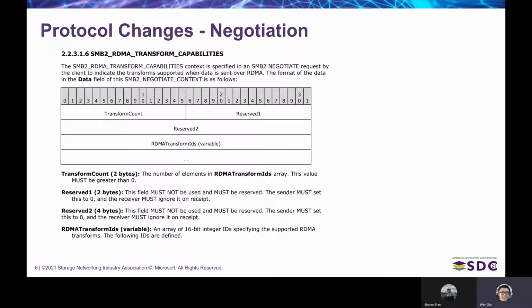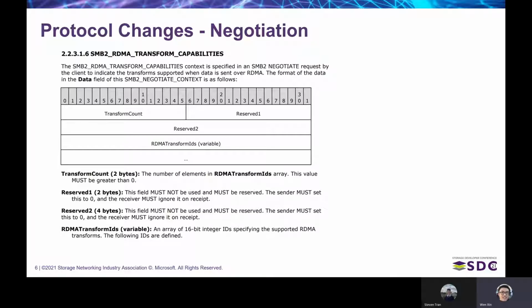This negotiation capability ensures that the client and the server both support this new feature. If you're familiar with SMB negotiation, this is just like many other capabilities that you can negotiate in SMB. Here you have a transform count in the struct.